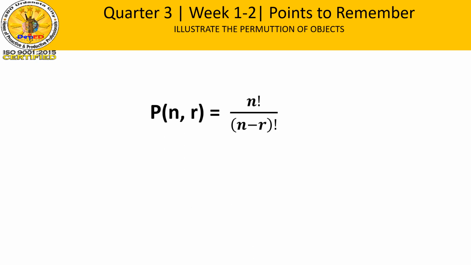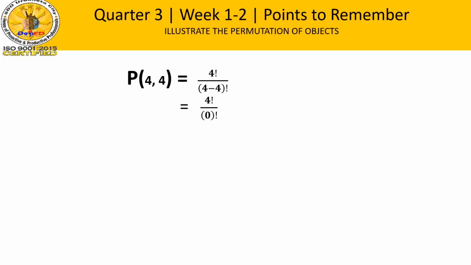Okay, we can use another equation, which is the permutation of n objects taken r at a time is equal to n factorial divided by the quantity n minus r factorial.